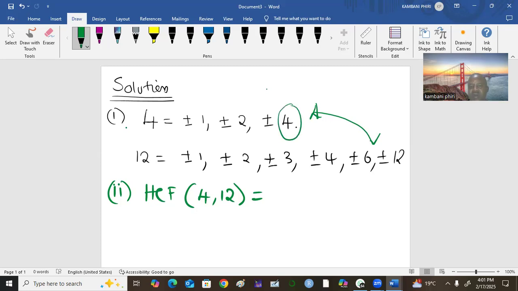Here the highest is 4. Here the highest is 12. But realize that 12 is not a factor of this, but 4 is a factor of that. So 4 is a factor for both numbers. It is common. Therefore, the HCF, the highest common factor of these two is 4, actually plus and minus 4. That's it.